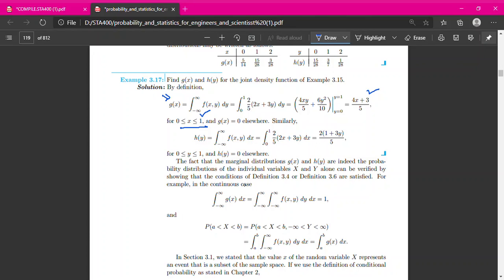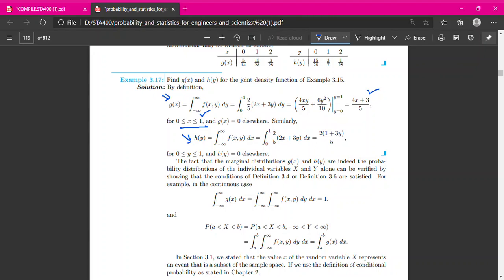Okay, and the next one adalah to find the marginal of Y, you need to integrate the joint function with respect to X. Okay, so this time, Y ni yang akan jadi constant. Okay, so bila you integrate to X, so you akan dapat 2X square over 2. Sebab tu kat sini will be 1.